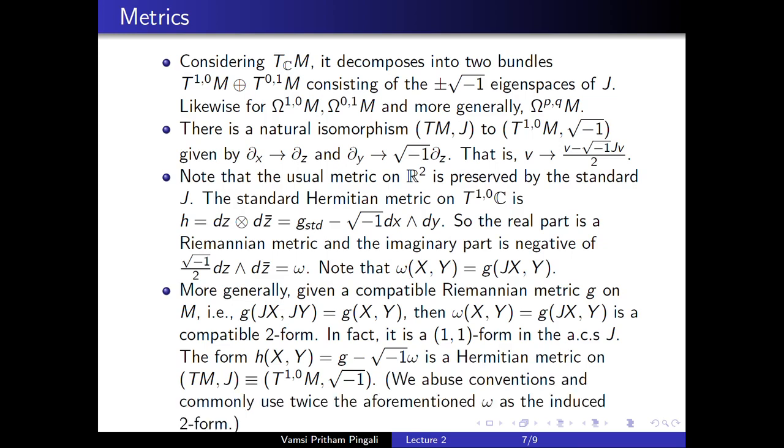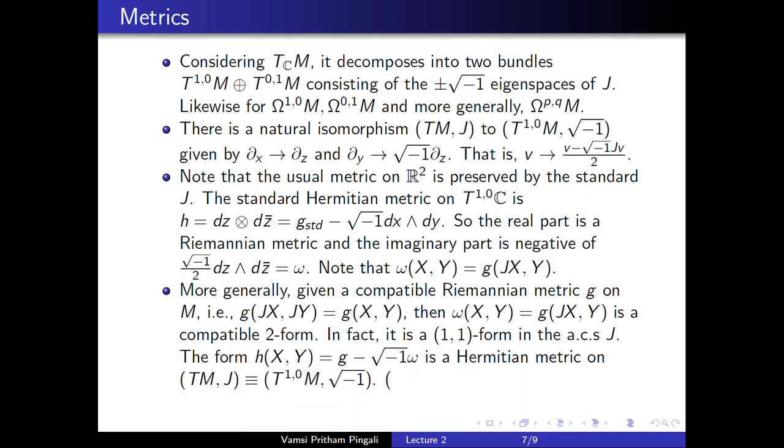So what am I saying? If you take an almost complex manifold, or let us take complex manifolds. If I take a complex manifold and if I take a Riemannian metric that is compatible with a complex structure, namely it satisfies this property, then there's a natural Hermitian metric on this complex vector bundle.